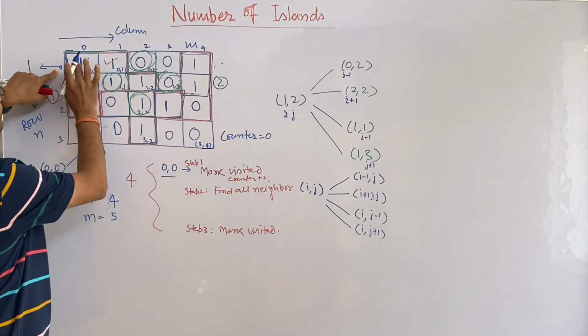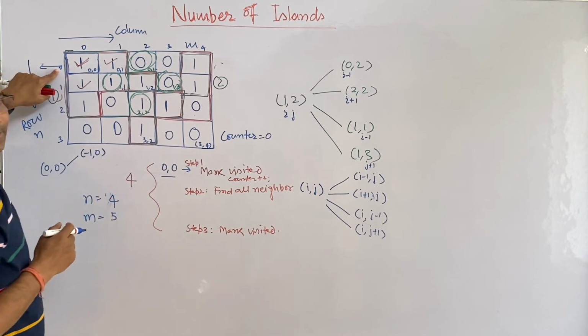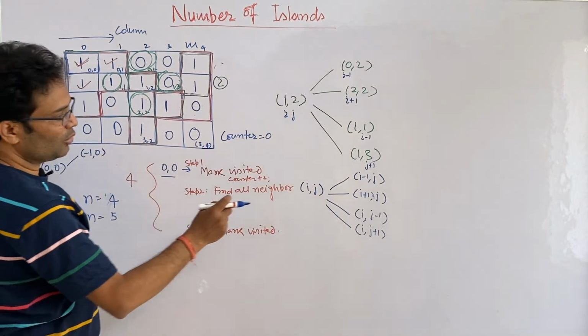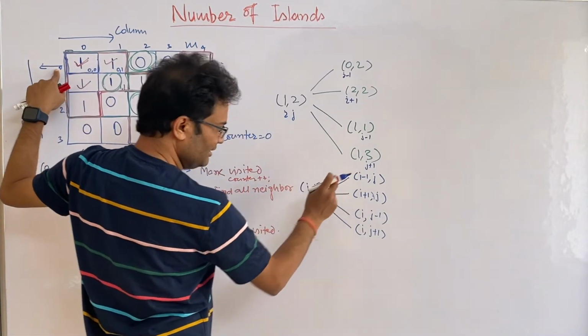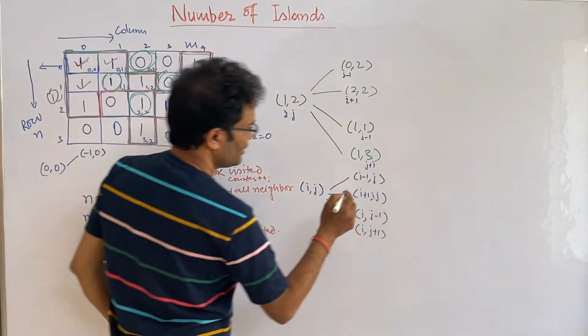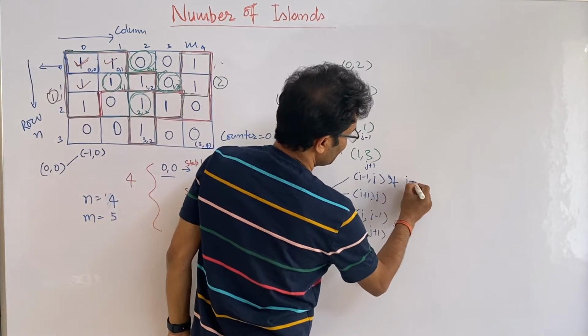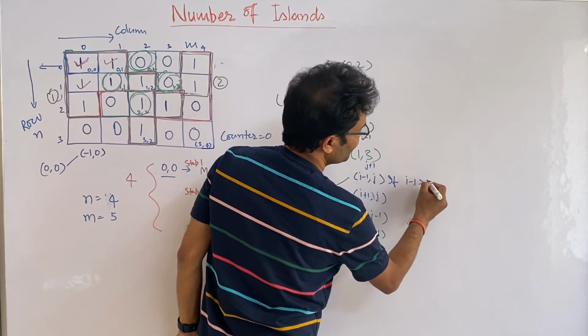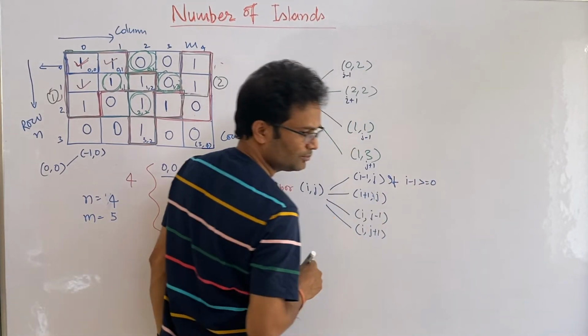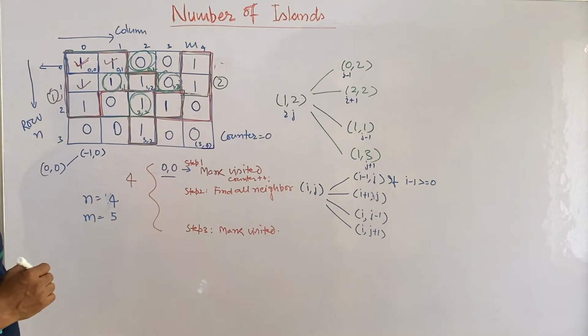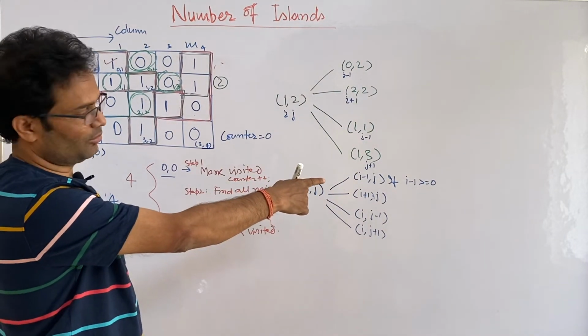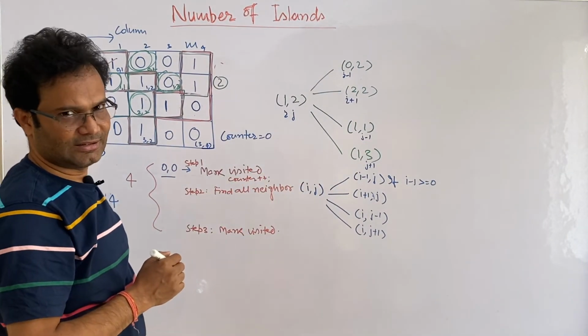If any element is at the edge, we have to take care. We do this operation only if i minus 1 is greater than or equal to 0. Otherwise you will not do this operation, whenever you do the minus operations, right?